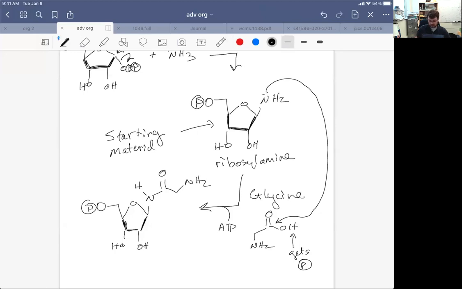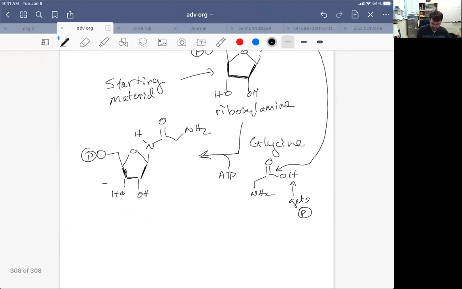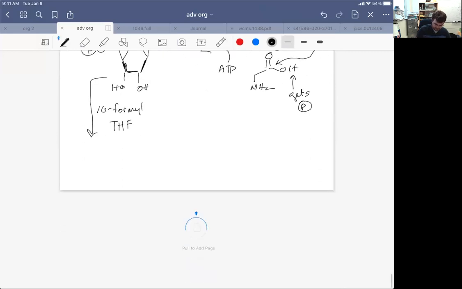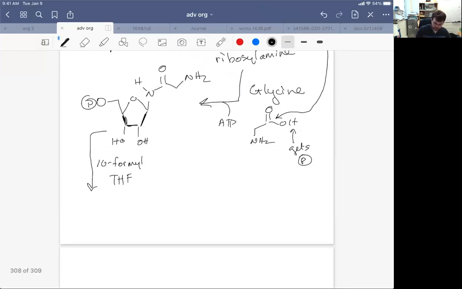Okay, so a cool reaction at this point happens, and that is the reaction with N10-formyl THF, which is tetrahydrofolate. So we're going to talk about that in just a second. Let me get a new page here. And that's going to give us a structure where the amine at the end of the chain, which ultimately came from glycine, now is a formamide.